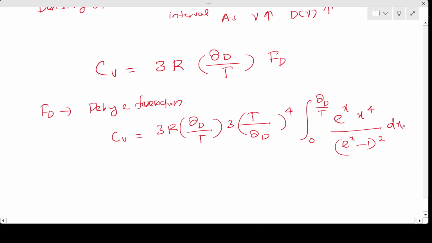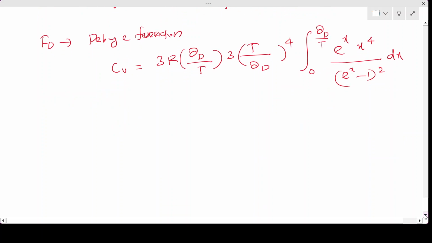So this is the main expression of specific heat capacity in the case of Debye. The difference is that Debye considers each atom having a different frequency compared to the other one, so we'll have a collection of frequencies and a collection of energies in that case.